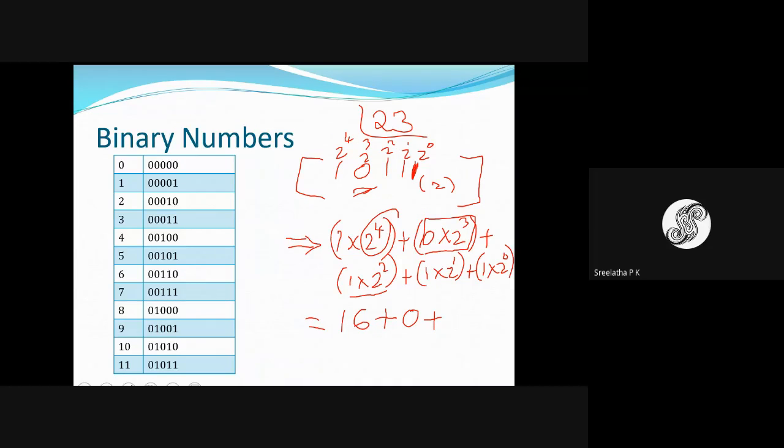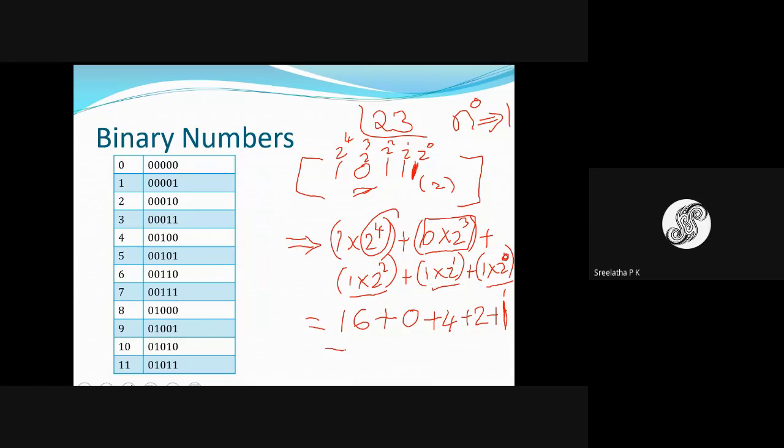What is 2 power 2? 4. Plus 2 power 1, 1 into 2 power 1 is 2. Plus 2 power 0, 1 into 2 power 0. 2 power 0 is 1. So anything to the power of 0 is 1. Fine. So 1 into 1 is 1.